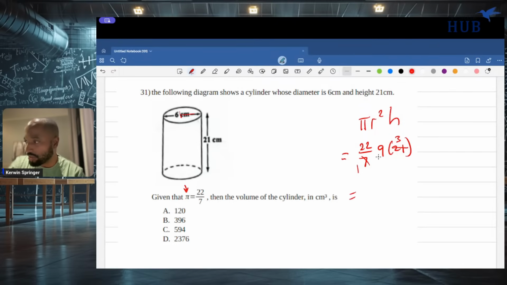And now we leave this up to Shania to tell us what is 66 times 9. Just a little less than 660 or so. 594. Pi r squared times height. Yeah, 594.